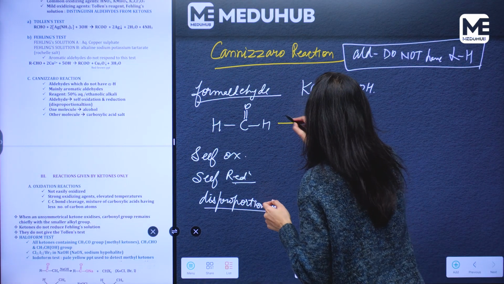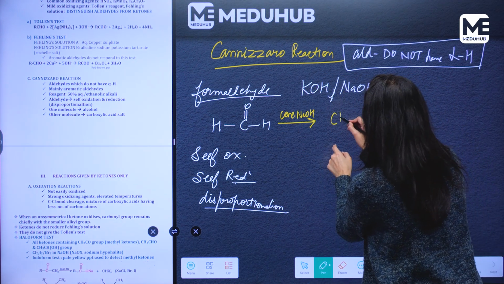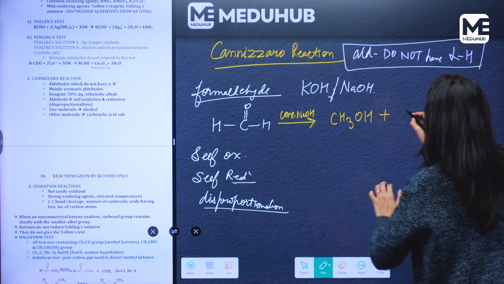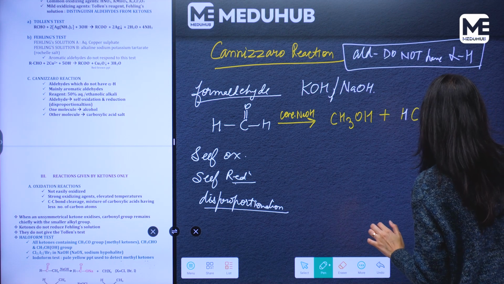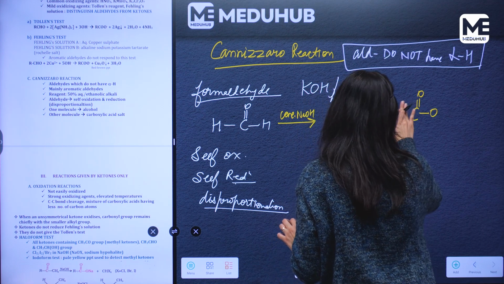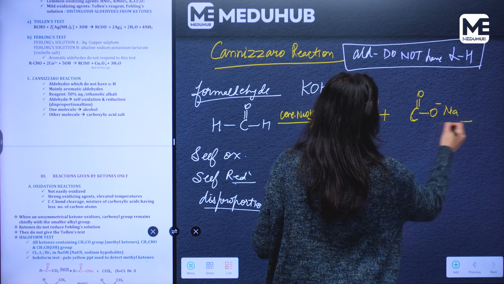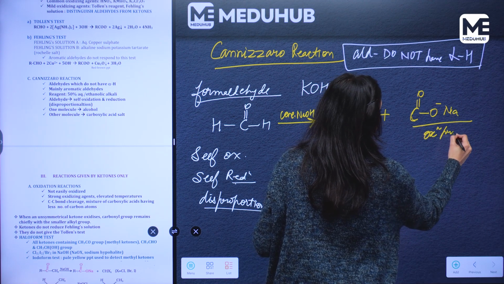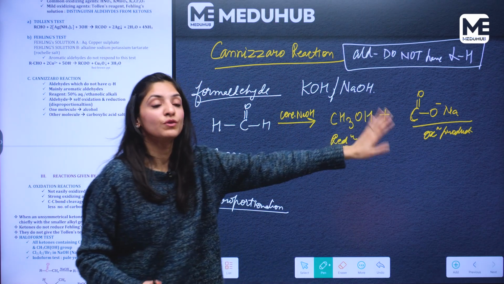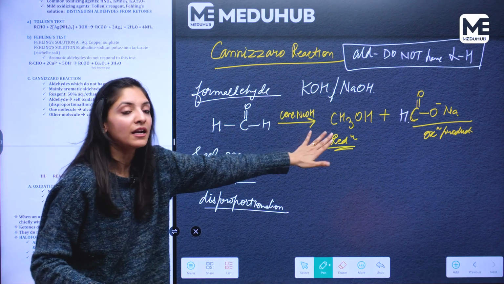So this in the presence of concentrated NaOH would give CH3OH as the alcohol. This is the reduction product, and we will get the sodium salt of the carboxylic acid, which is the oxidation product here. So this is the sodium salt of the carboxylic acid, and this is the alcohol.